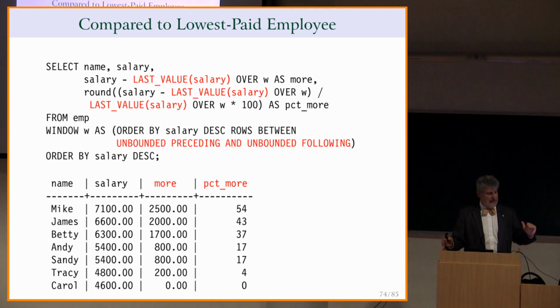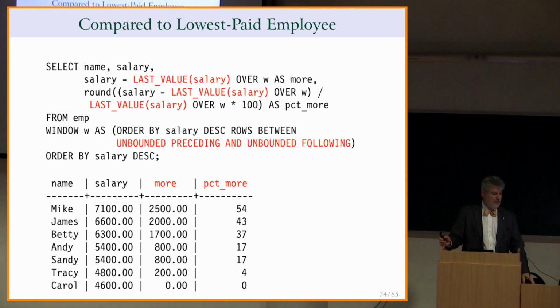Okay? So in this particular case, Mike is making 54% more than the lowest paid employee. And as you can imagine, they get smaller and smaller, and Carol is making 0% more than the lowest paid because unfortunately, she's the lowest paid for whatever reason. So you can get an idea of how that stratification is happening there.